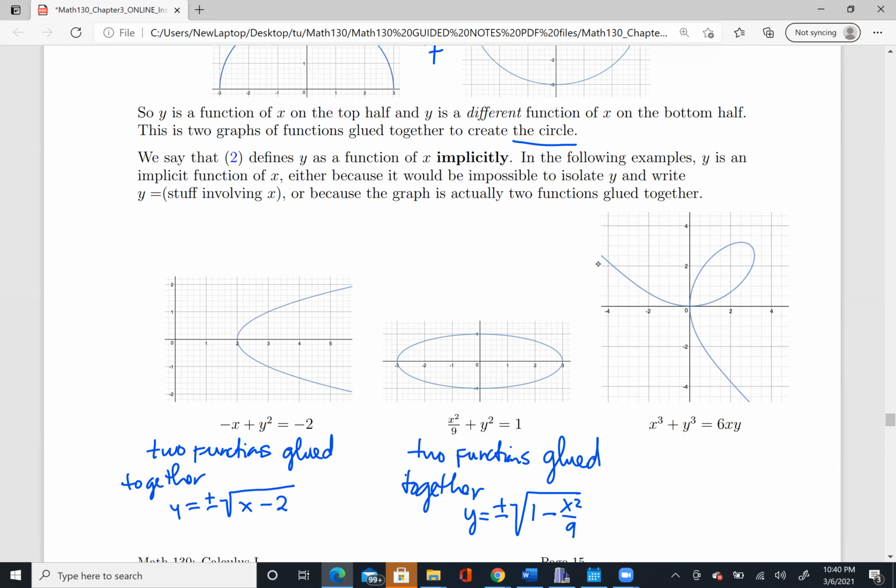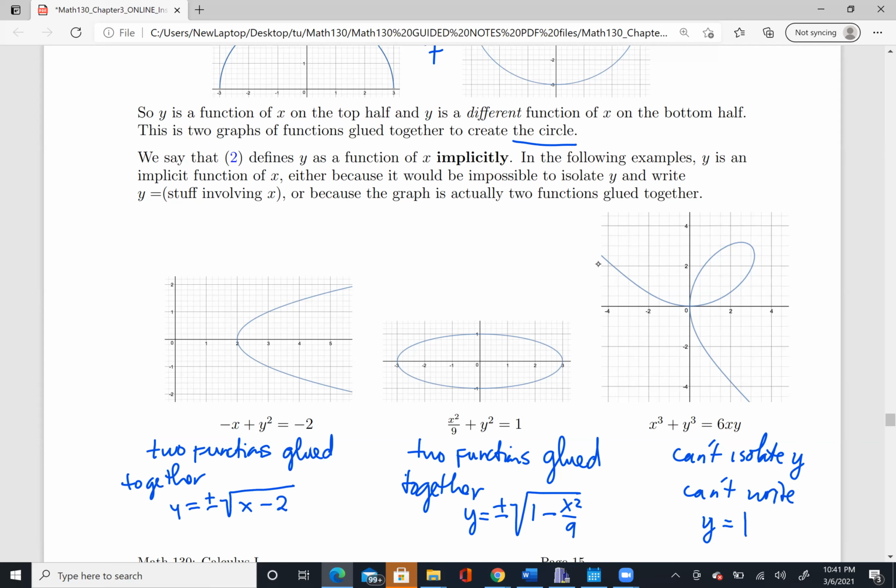And the last one, you have x cubed plus y cubed equals 6xy. Can you isolate y? You cannot.